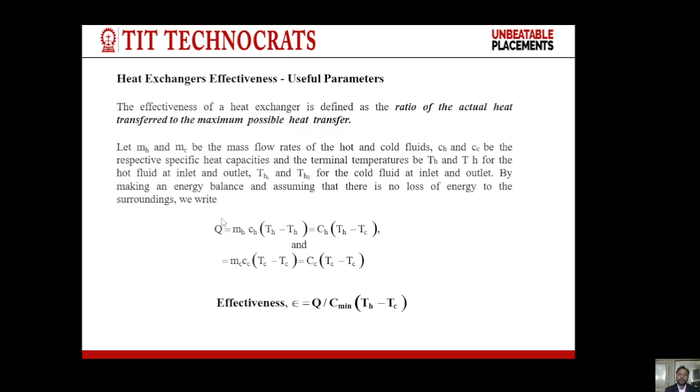So to find out the heat transfer rate, we will use this formula: Q equal to m h Ch Th, here m is the mass of hot fluid, Ch is the heat capacity of hot fluid, and Th is the temperature difference between hot and cold fluid. So by using this formula, we can find out effectiveness epsilon equal to Q upon C min delta T, the temperature difference, which is Th minus Tc.